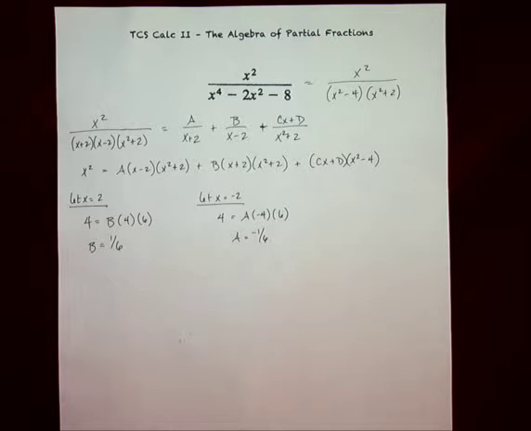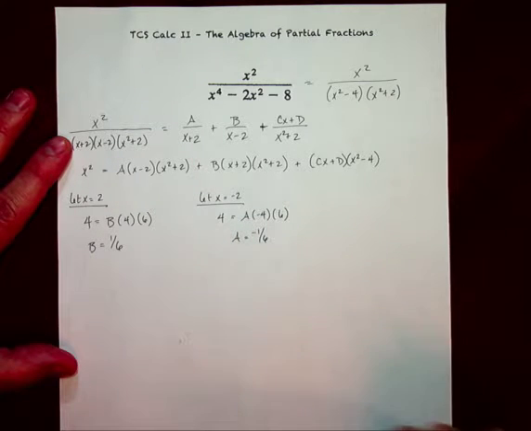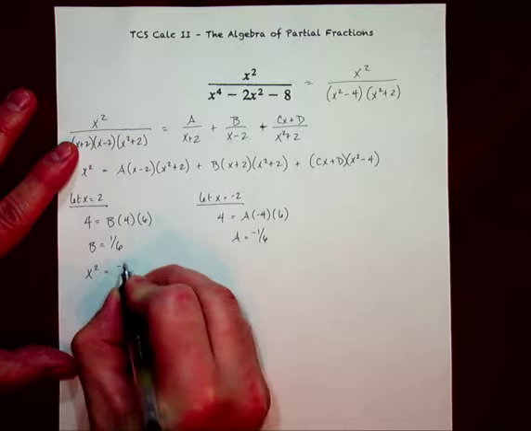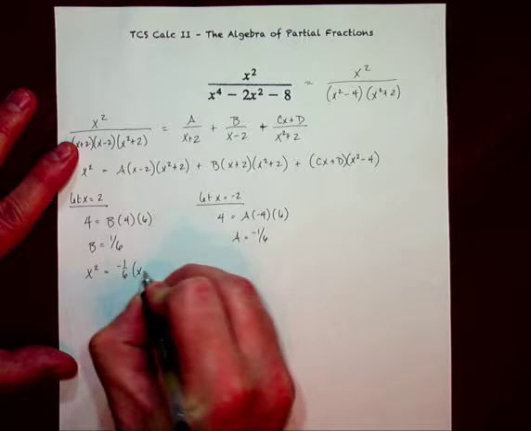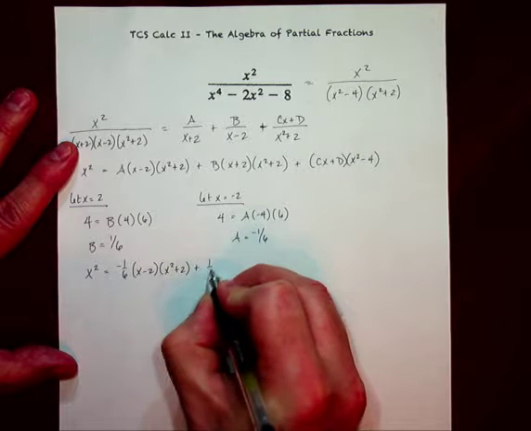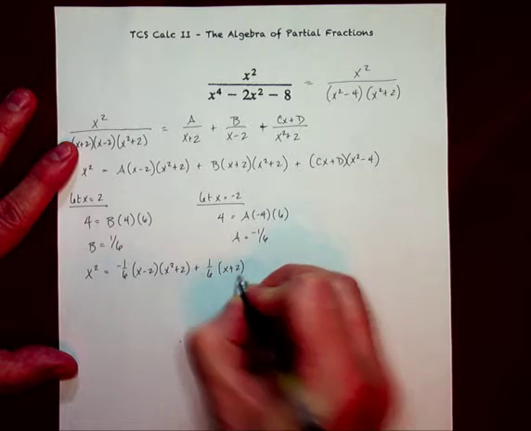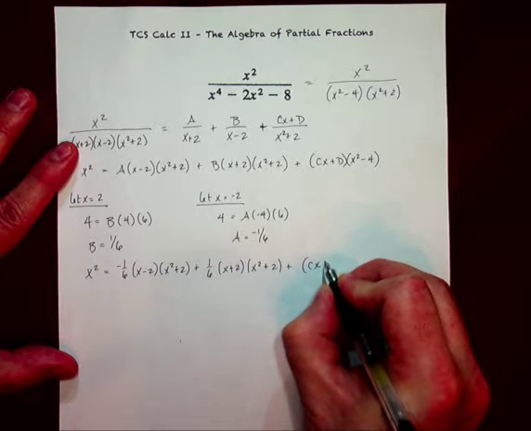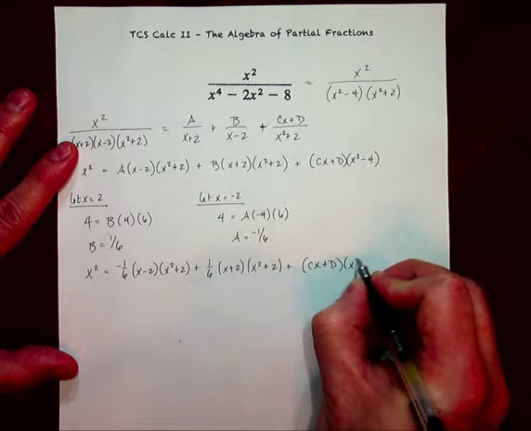Okay, well, that's kind of nice and tidy. So what I want to do from here is go ahead and do the coefficient comparison. But I can go ahead and plug in my a and my b, right? So I have x squared is equal to -1/6 times x minus 2 times x squared plus 2, plus 1/6 times x plus 2 times x squared plus 2, and then cx plus d times x squared minus 4.